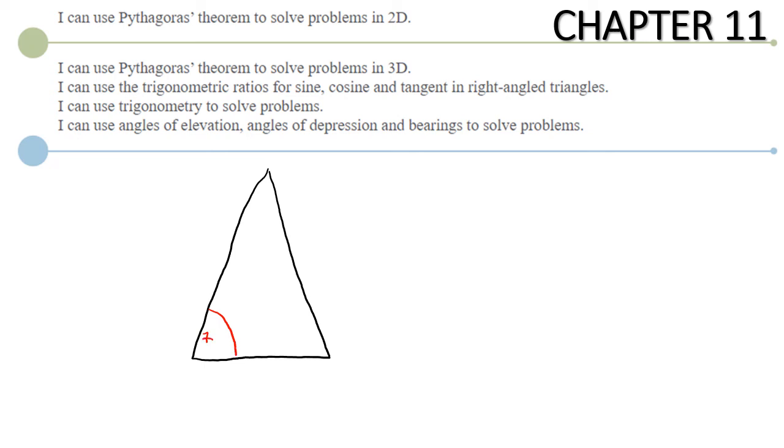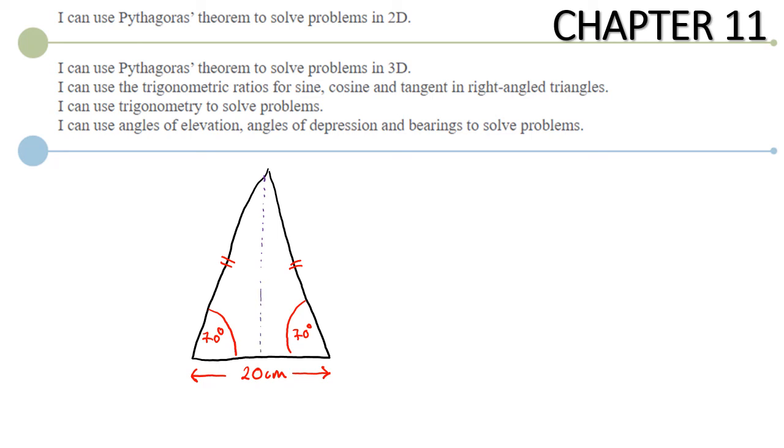So let's say, for example, this is an isosceles triangle, and both of these here are 70 degrees. And let's say that we know the length of the base of the triangle is 20 centimeters, and we want to work out the height of the triangle. So we want to work out this, which is going to be the height.